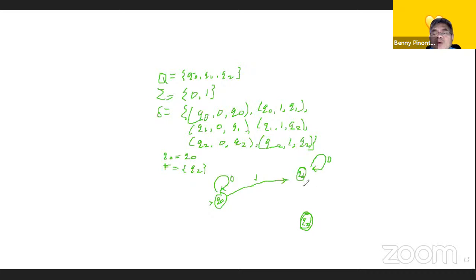And Q1 with 1 to Q2, and Q2 with 0 to Q2, and Q2 with 1 to Q2. So this is the transition graph.